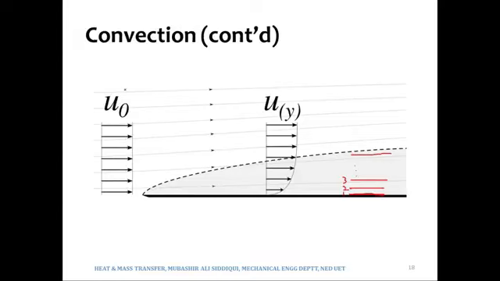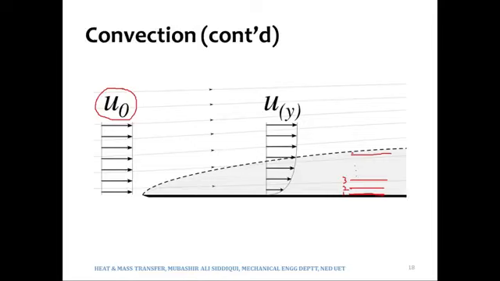If this free stream velocity, we call it u naught, or we also call it u infinity, is suppose 10 meters per second, then the velocities of the various fluid layers will change from 0 to 0.5 to 1 to 1.5 to 3, 4, 5, 6, and then ultimately it will reach this u infinity.